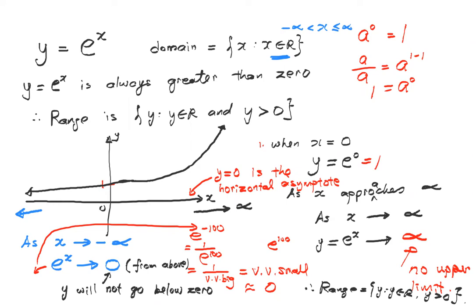Okay. Let's look at this example. I give you another example. f(x) is equal to 2 minus e to the power of negative x.